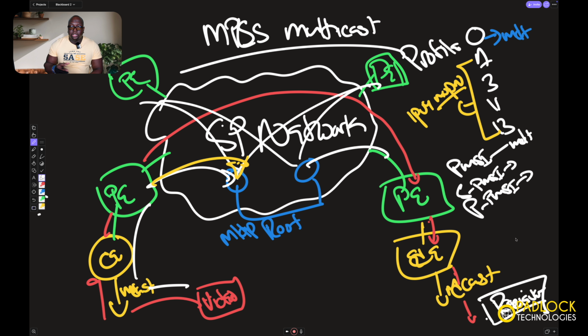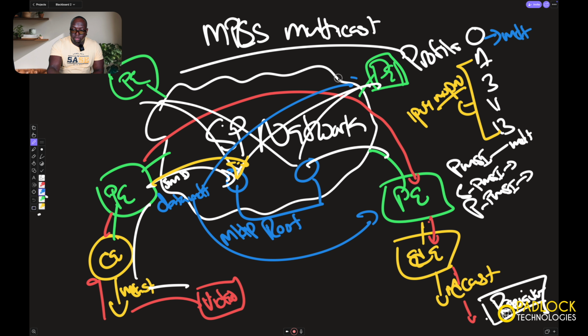If you had a threshold of 5 megs and it went over 5 megs, then it will go onto the data MDT. So the data MDT would go to its selective group, say over here and over here, for that group, if you were joining that group.